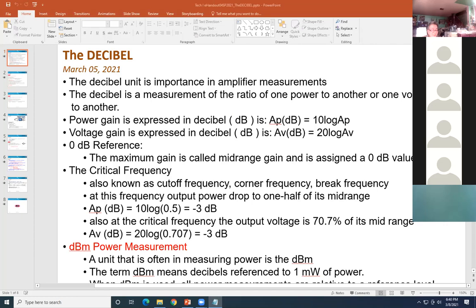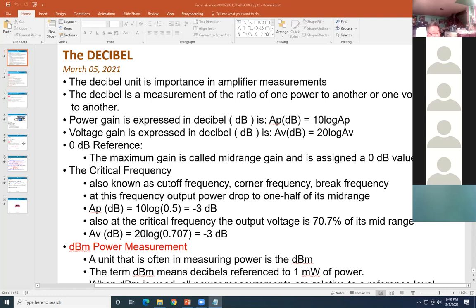They say maximum gain equals mid-range gain and is assigned 0 dB. My question is, if you get them at the mid-range, what is the relation between input and output? They're the same, perfectly. 0 dB means a gain of 1, right?